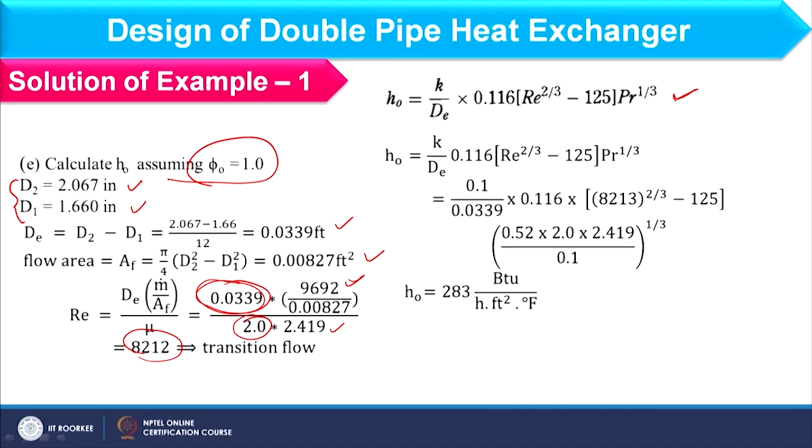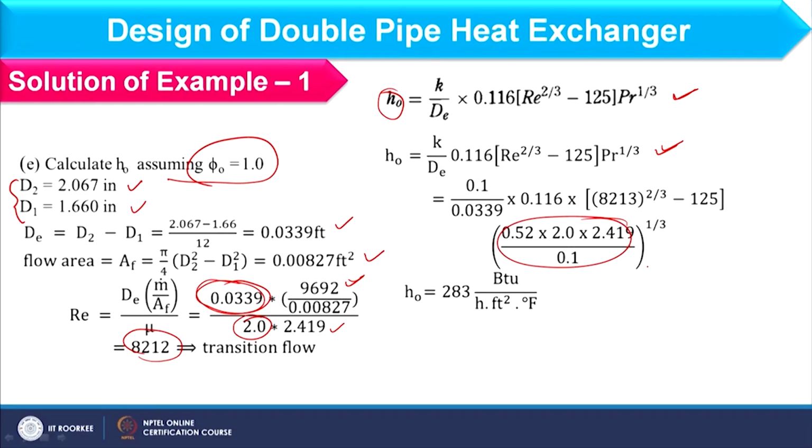This is basically the Hausen equation if you remember the last lecture, and here I can find out h naught corresponding to thermal conductivity of aniline and equivalent diameter. So, this is the whole expression, and when you put the values over here, thermal conductivity and Reynolds number, Prandtl number value, fine.